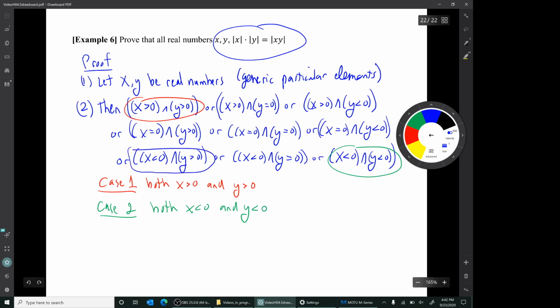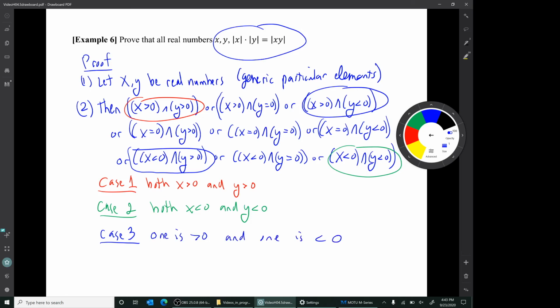Case 3 is going to take care of these 2 possibilities. We only really have to do one of them, though. The case 3 is going to be where either x is greater than 0 and y is less than 0, or y is greater than 0 and x is less than 0. It doesn't matter. You can just pick one and just say, well, I could change the names, and that takes care of the other case as well.